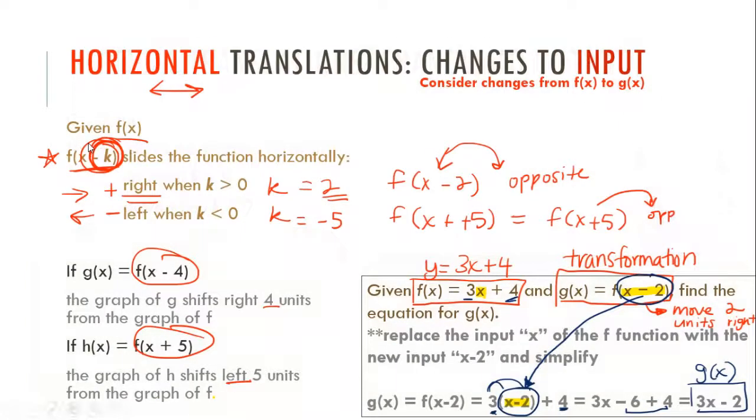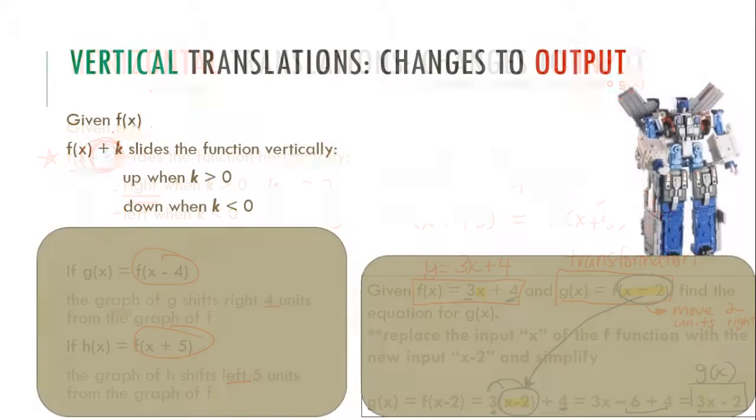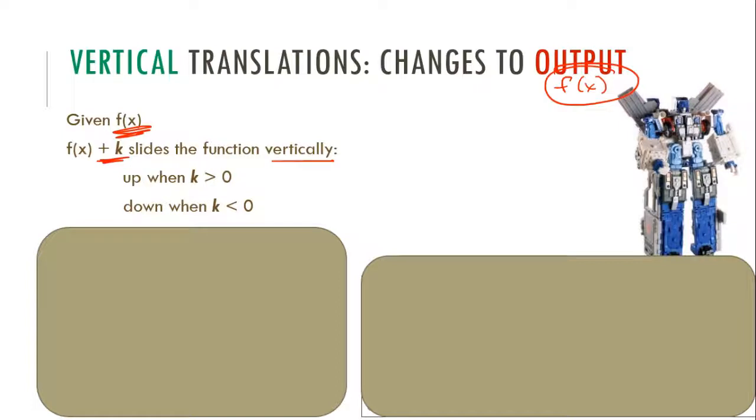As opposed to when we had a horizontal translation, that k was inside of my function. So when it's horizontal, it's inside the function. When it's vertical, it's outside the function. When we're moving vertically, or up or down, it's true to whatever sign you see.